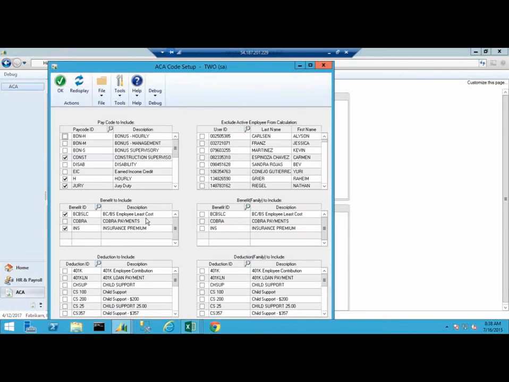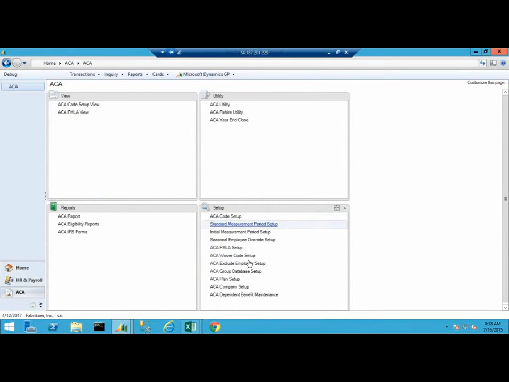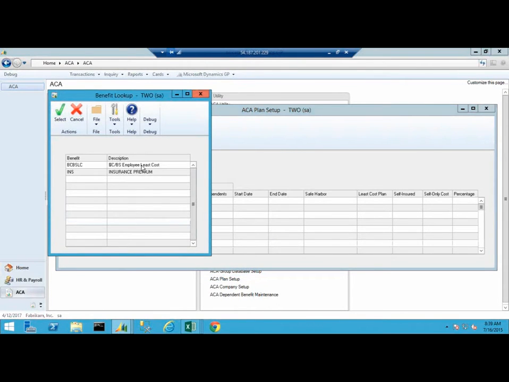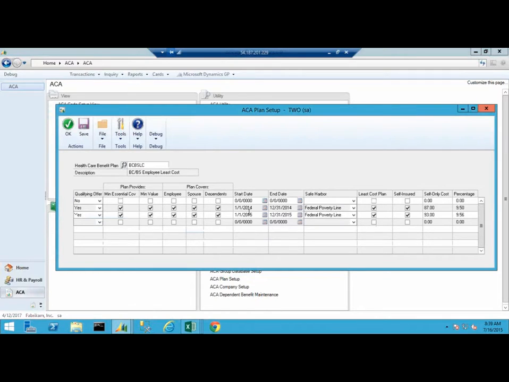Now, I'm going to quickly go into benefit codes. You have benefits that you include for healthcare coverage, and you just click on here. Then we go to our plan setup, and this is where everything that goes onto a 1095C hits.